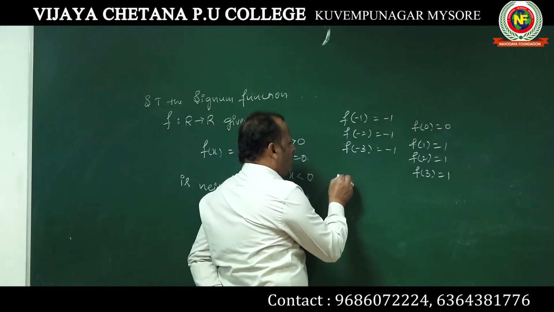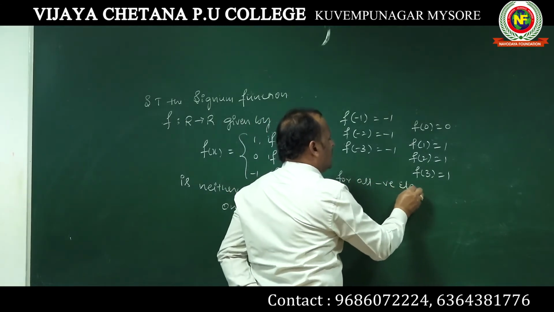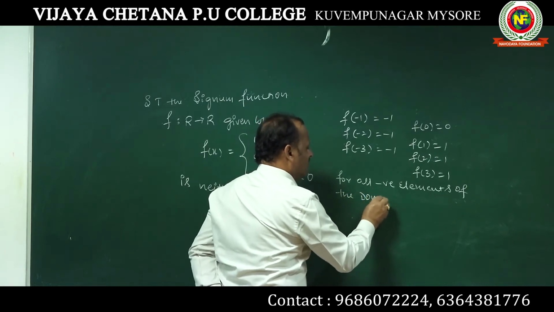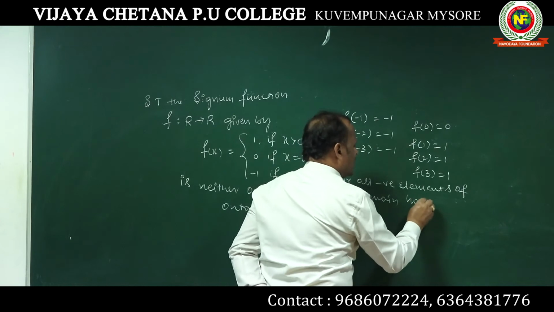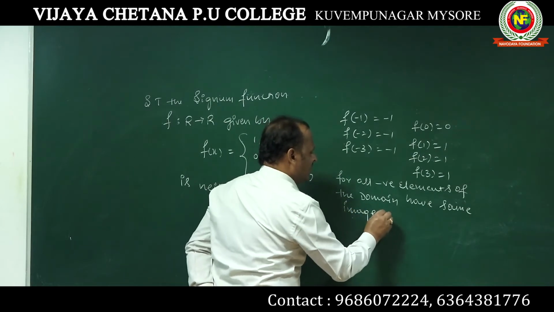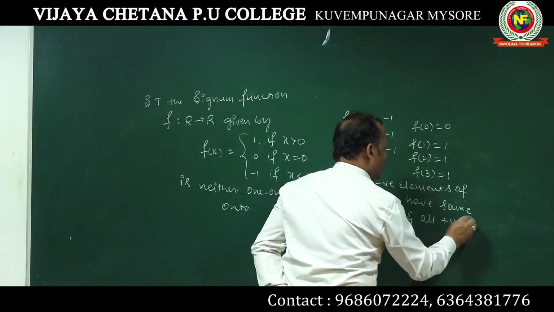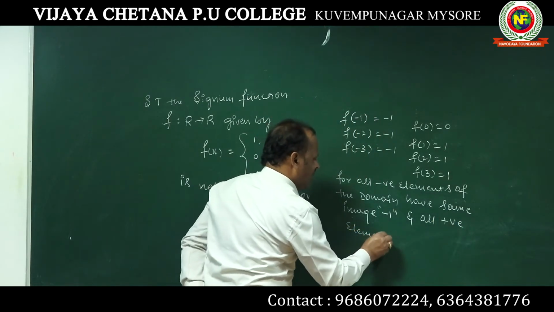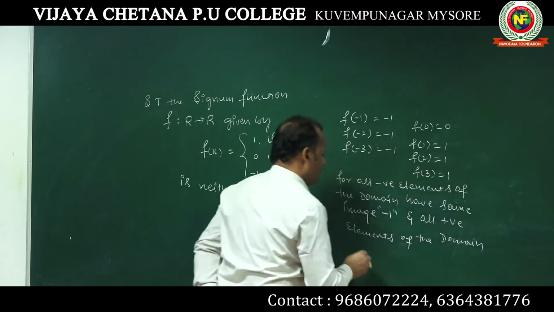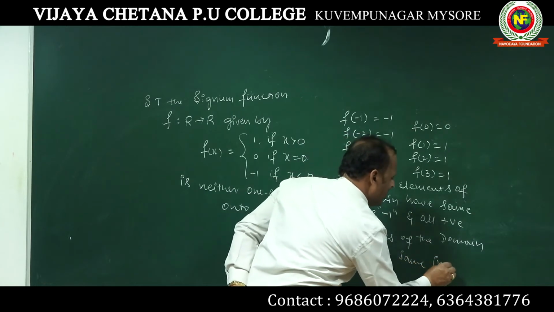So here, all negative elements of the domain have the same image, minus 1, and all positive elements of the domain have the same image.